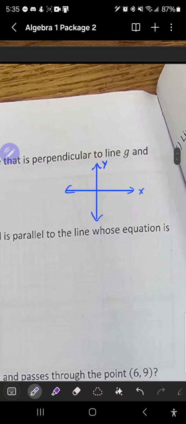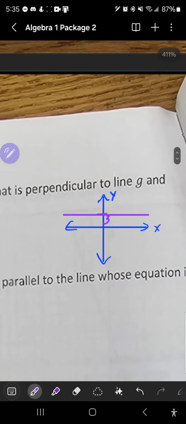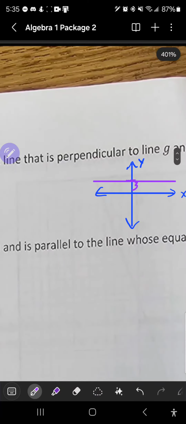When we graph that equation, it's going to be right here. It's 3, so it's going to be right here, because it doesn't have an x, so it doesn't have a slope. It cannot move anywhere. This is your equation.